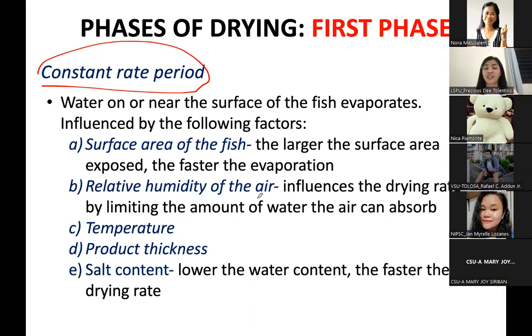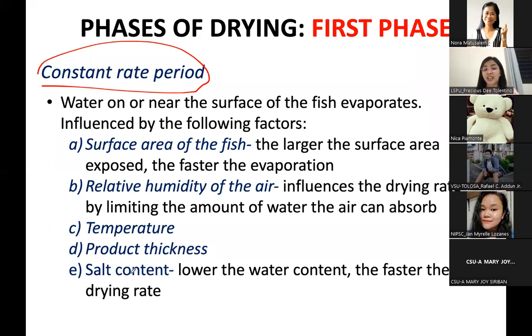Relative humidity of the air influences the drying rate by limiting the amount of water the air can absorb. And then the temperature, of course, the higher the temperature, the faster the drying. Product thickness: the thicker the product, of course, the slower the drying.